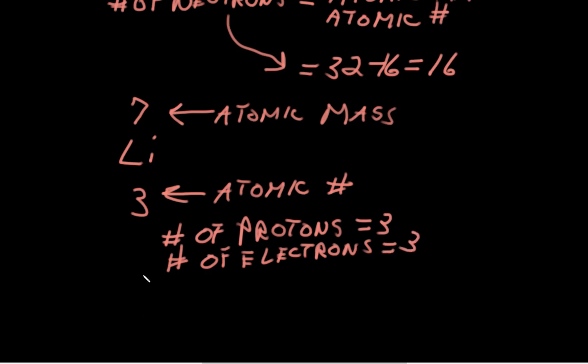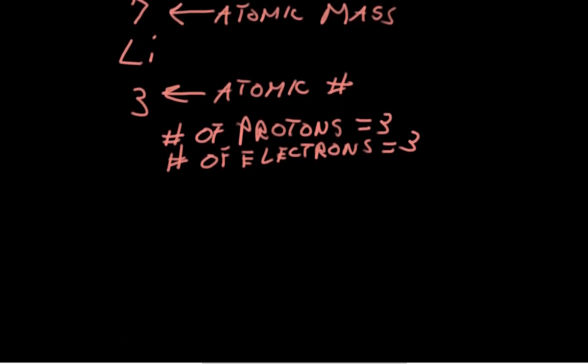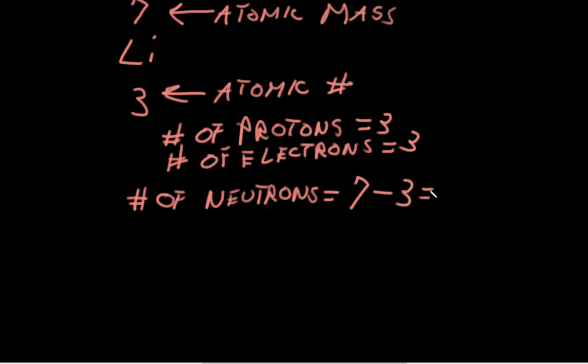So we need to find the number of neutrons. As you recall from above, the number of neutrons equals the atomic mass, which is 7, minus the atomic number, which is 3. So that's going to give us a number of neutrons of 4.